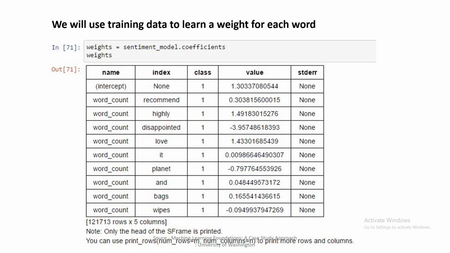I'm talking about these yellow marked words. These are the weights that we need to find out after the model building. And how we can do it, we'll see.